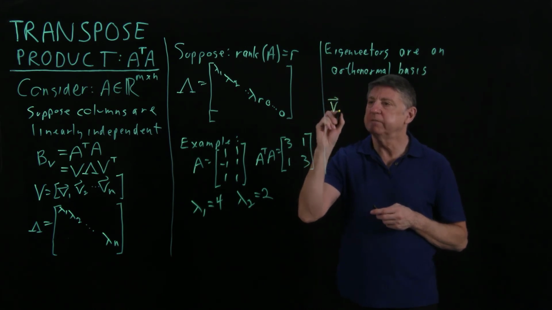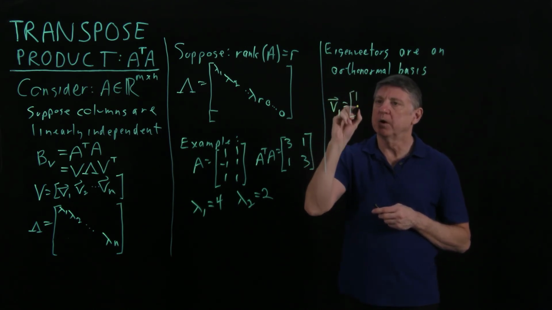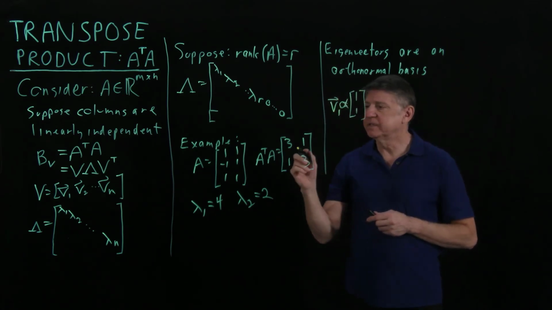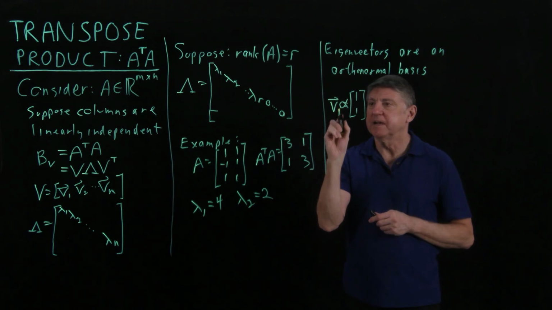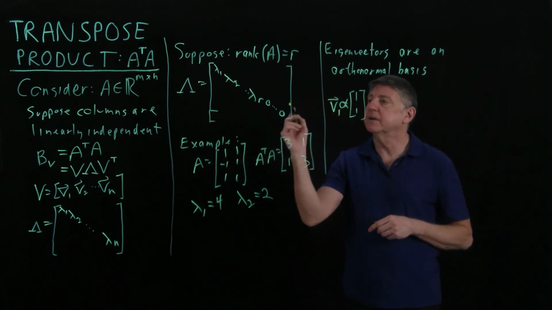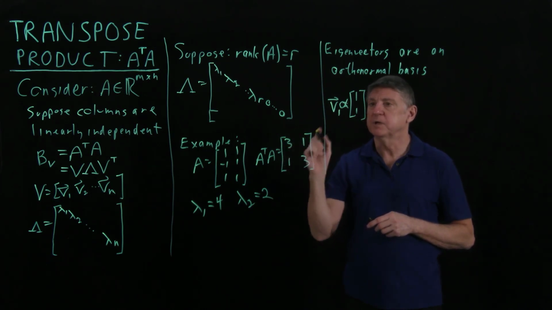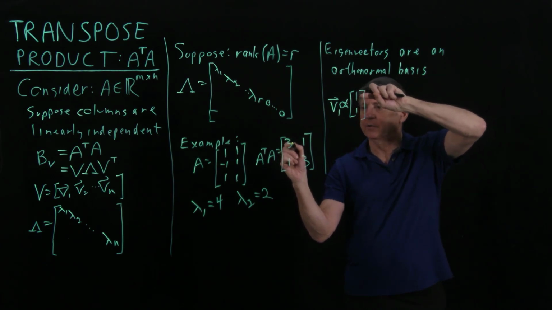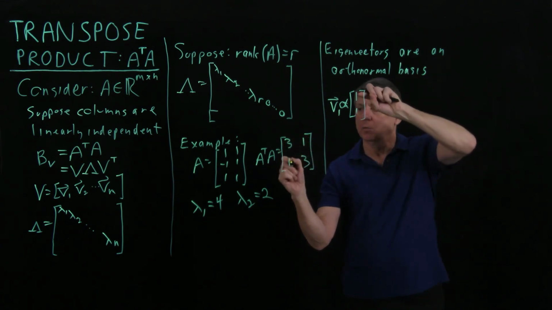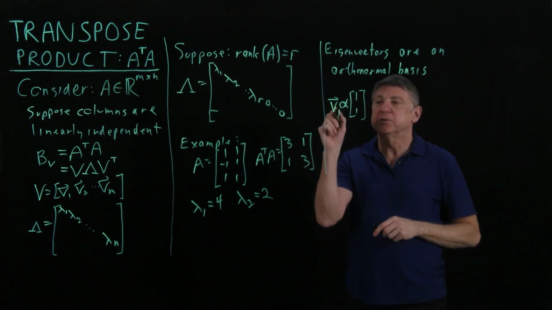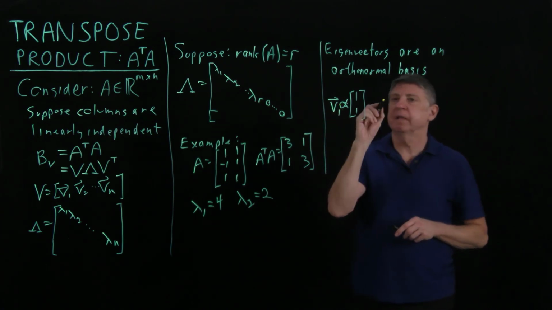So I can write eigenvector 1 as proportional to 1, 1. And we can see quickly, so this is not the eigenvector of a rectangular matrix because that doesn't exist. It's the eigenvector of the left transpose. If I take this matrix times 1, 1, I'll get 3 plus 1 is 4, 1 plus 3 is 4, I'll get the vector 4, 4, and sure enough, that is 4 times eigenvector 1.